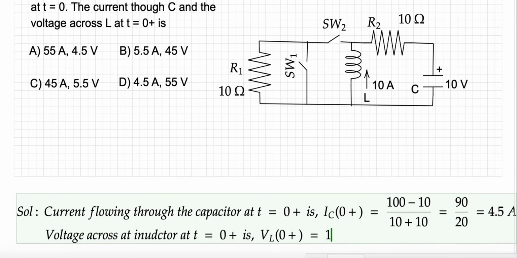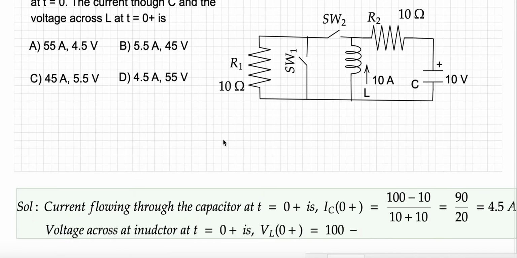The total potential 100 minus the drop across this 10 ohm. Since the current is 4.5 ampere in the series circuit, the drop is 4.5 times 10, the resistance value, the IR drop.